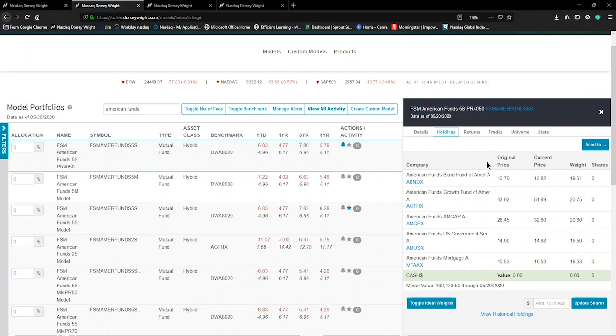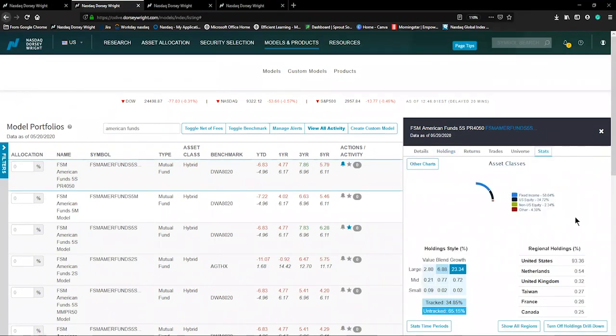The model still has exposure towards equity, but is looking at a 40% equity exposure and a 60% fixed income exposure, with 3 fixed income related funds and 2 equity related funds included there. So a little bit more conservative approach than we see displayed here by the American Funds lineup.